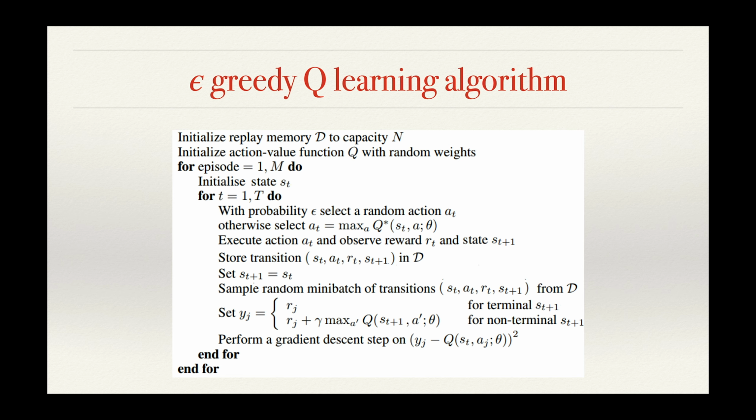So the algorithm here is called the E-greedy Q learning. The E-greedy here basically uses a trade-off between exploration and exploitation in reinforcement learning. The idea of exploration and exploitation is like what we did with the room game. At the beginning, we don't have any policy.